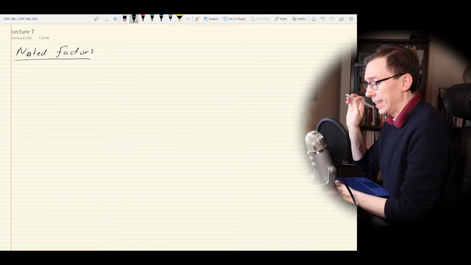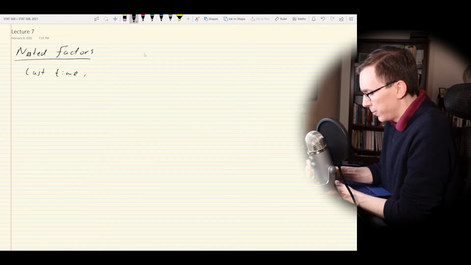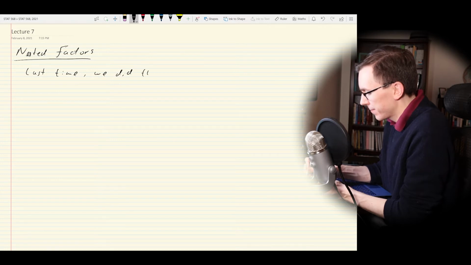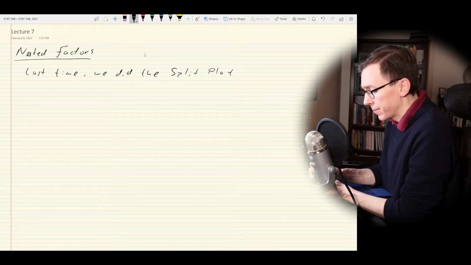So the last time we did the split plot. And in the split plot, we have, let's say, 2 factors. Again, it could be more than 2, but just for simplicity, we have 2 factors.